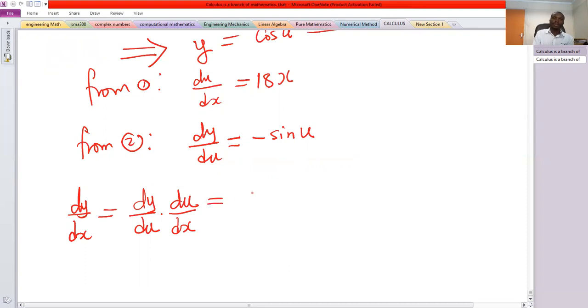So which will give us negative sine u times 18x, and this will be negative 18x sine of u.